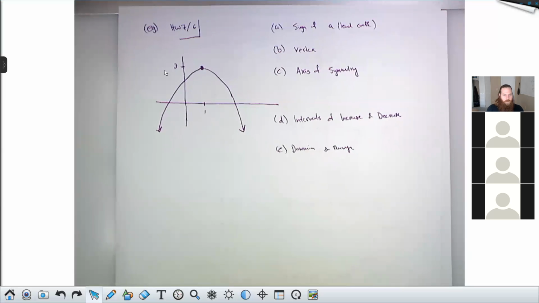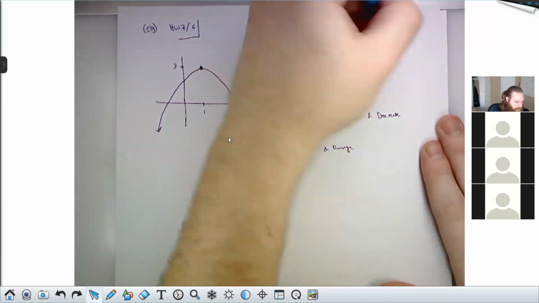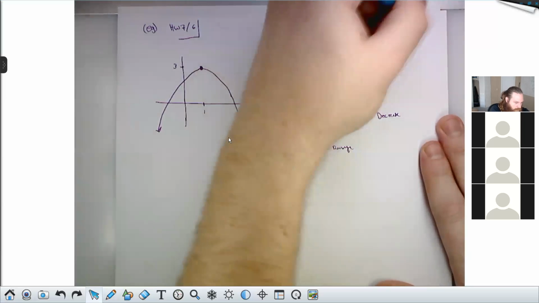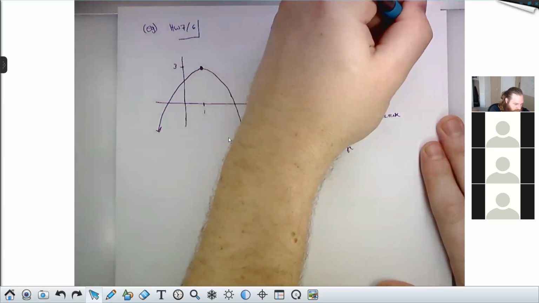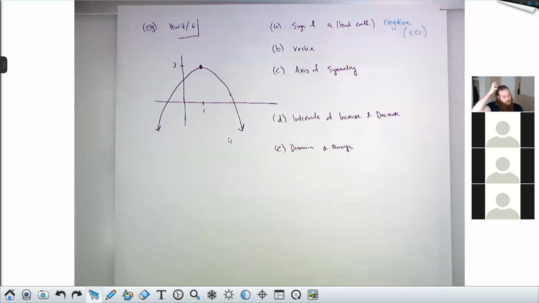If this is like a big old mouth, it's eating downward. So the sign of the lead coefficient has to be negative, yeah. So I'll put the answers in here in a different color. Another way to say negative is less than 0. By the way, you'll encounter those two different ways of saying that.